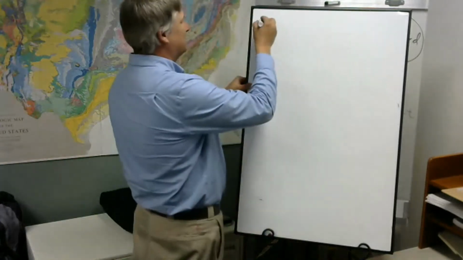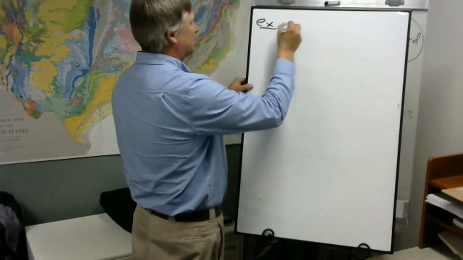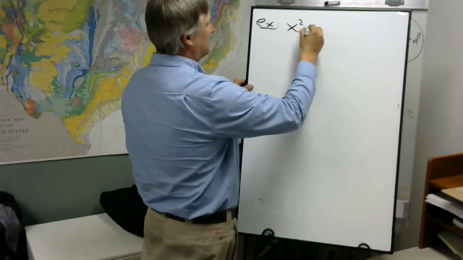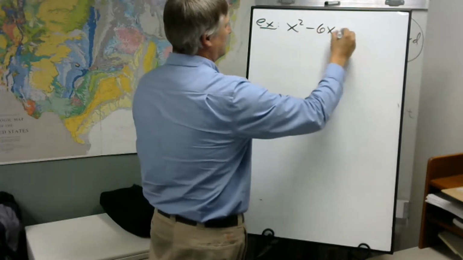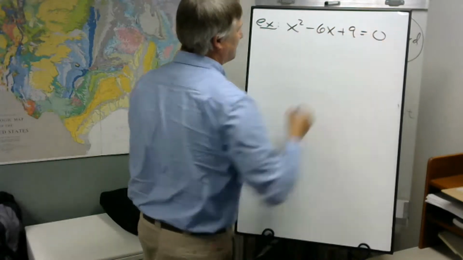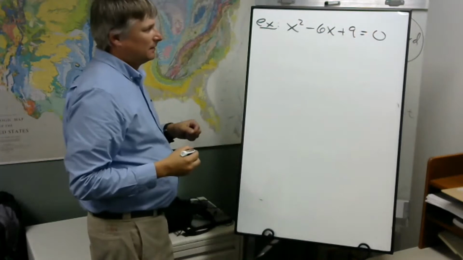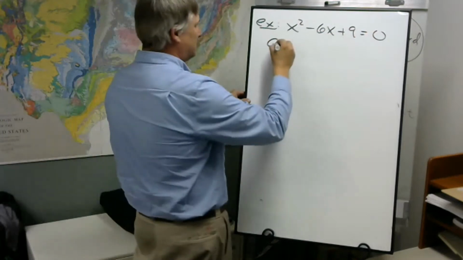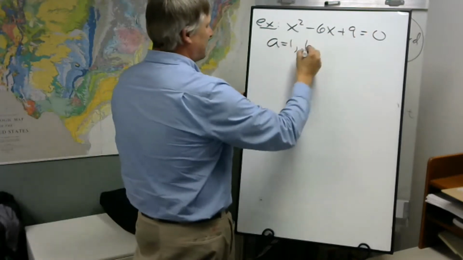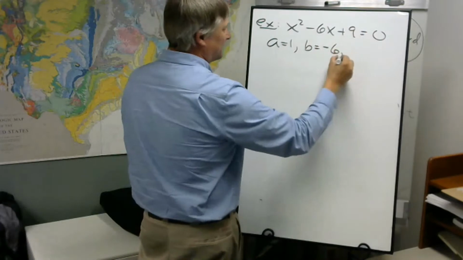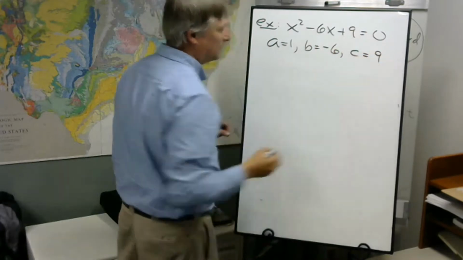Finally, let's take a look at this one. Now, again, A is 1, B is negative 6, C is 9.